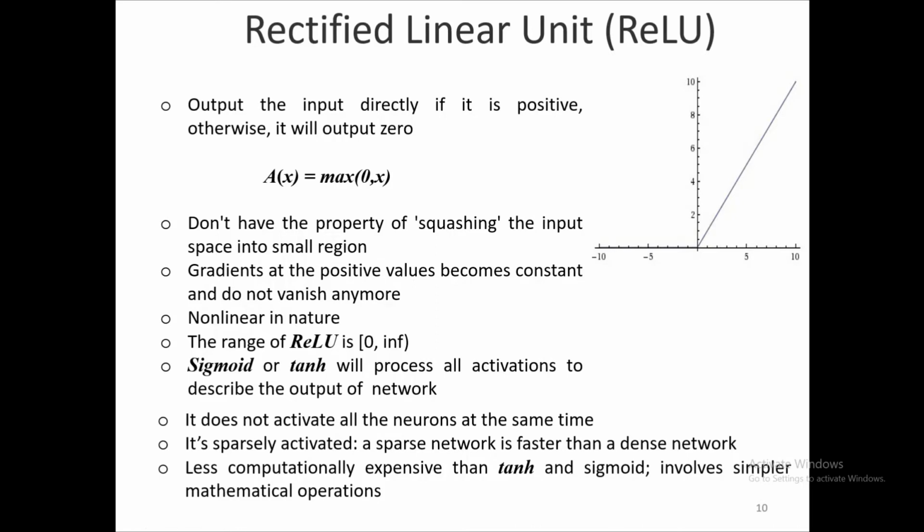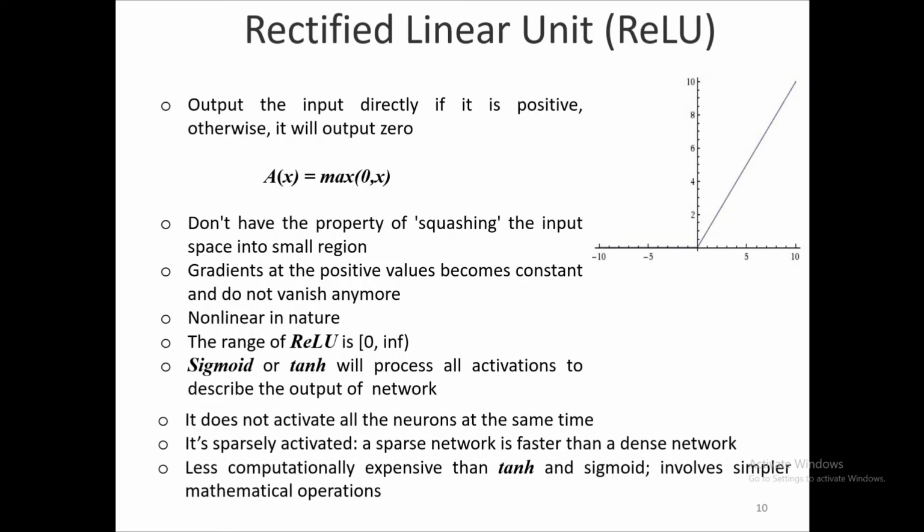It doesn't have the property of squashing the input space into a small region, and gradients at positive values become constant and do not vanish anymore. It is also nonlinear in nature. The range of ReLU is 0 to infinity. Sigmoid or tanh will process all the activations to describe the output of the network, but ReLU doesn't activate all the neurons at the same time.